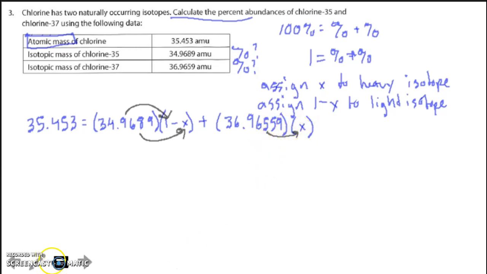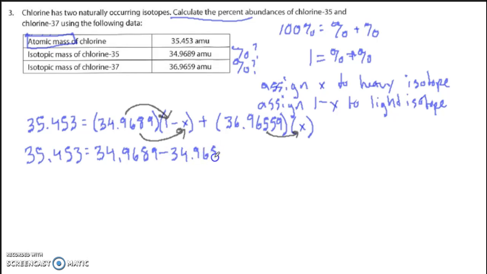Okay, so now let's rewrite what we've got here. So I'm going to stick with the blue. I'm going to rewrite each step. So 35.453. Multiply that across. 34.9689 times 1 is just 34.9689. But when I have that negative x, that's going to be a negative 34.9689x.